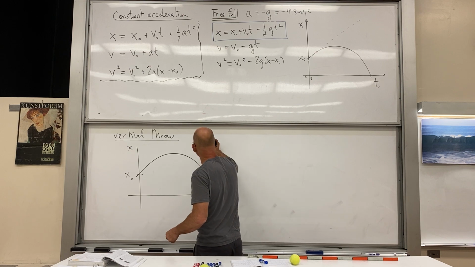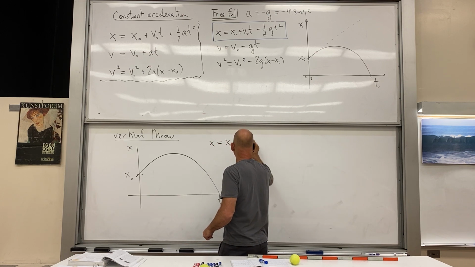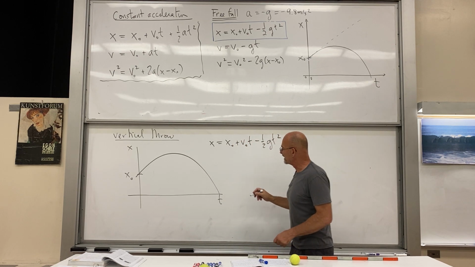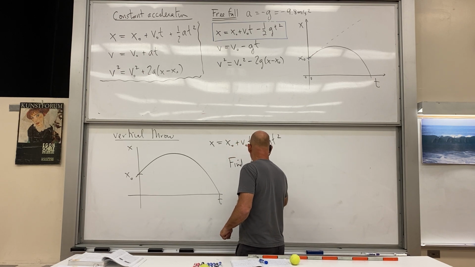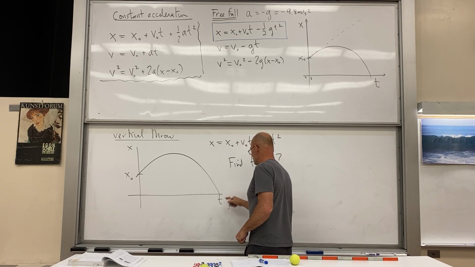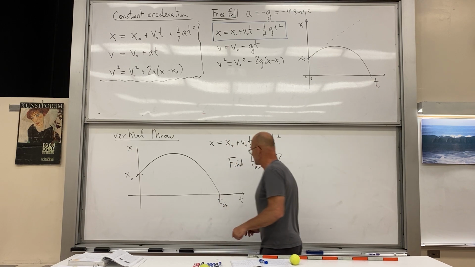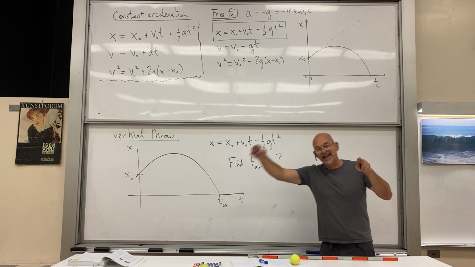So here's the point I want to make. If we have this formula and we want to find the air time, T air, which is when it struck here, so we launched from an elevation and then it landed on the ground.